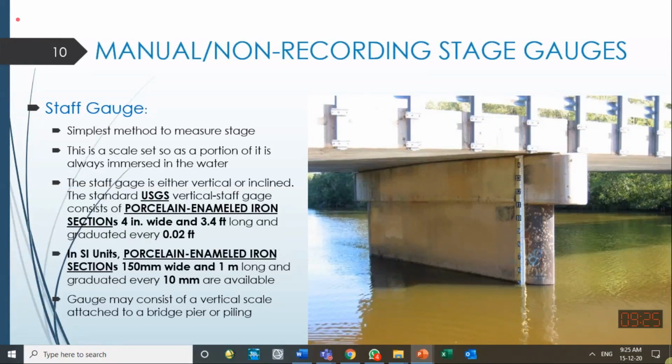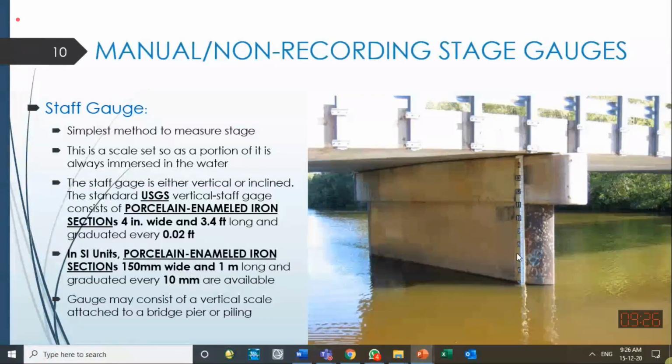If you have to measure more depth, multiple 3.4 feet staffs can be used for measurement of the stages. The least count should be 0.02 feet, graduated every 0.02 feet. In SI units, it should be about 6 inches, 150 millimeter wide, and 1 meter long, graduated every 10 millimeter. So that is the standard staff gauge.